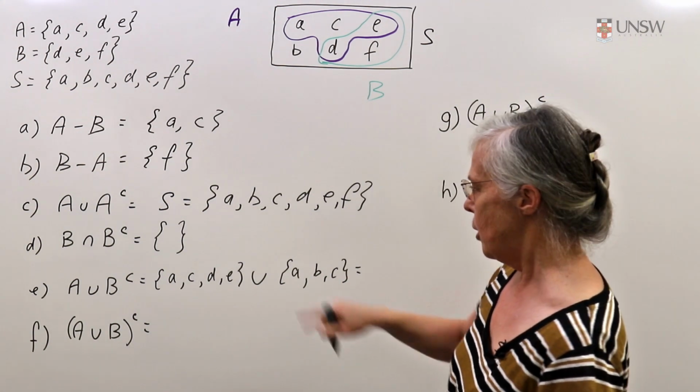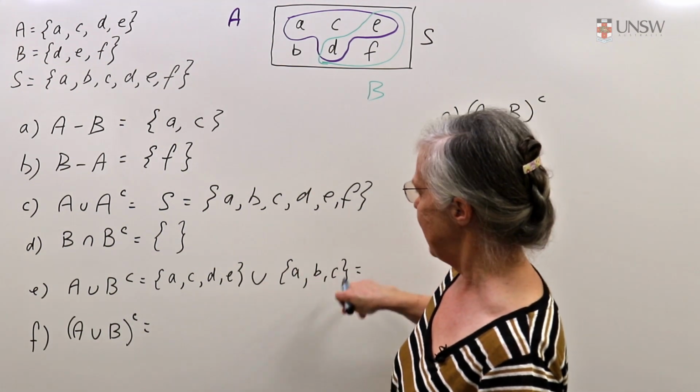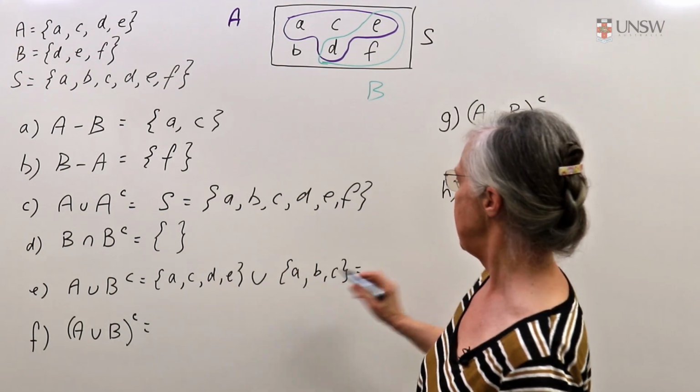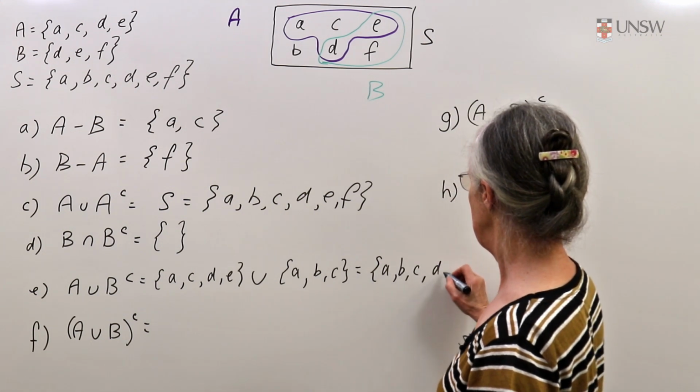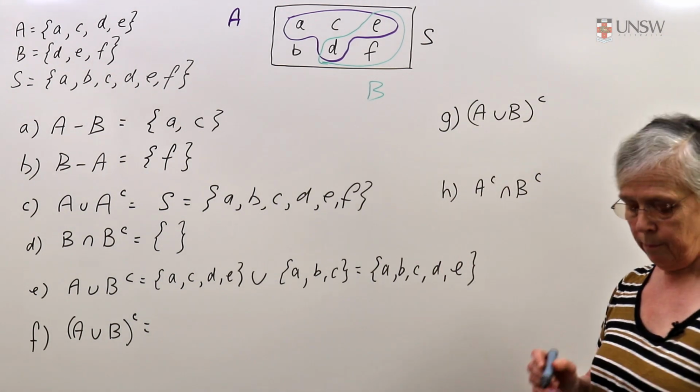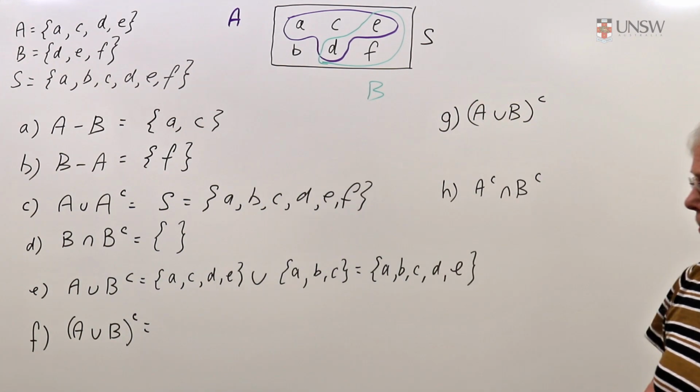Never mind. So everything that's in one or other or both of these, A, B, C, D and E. Okay, could have done that using the Venn diagram too.